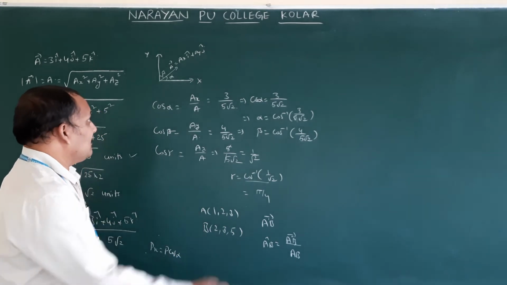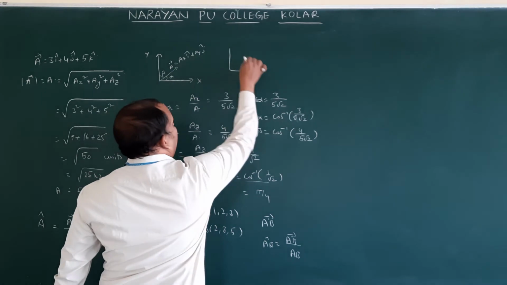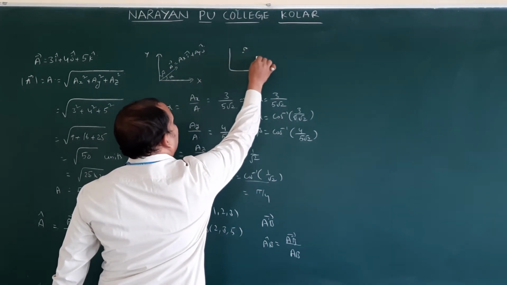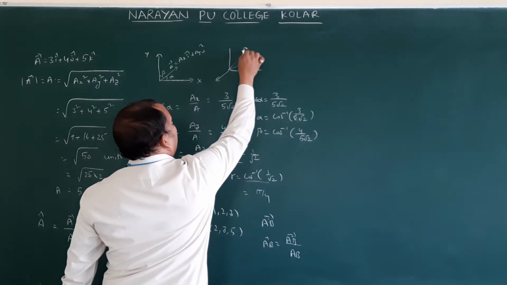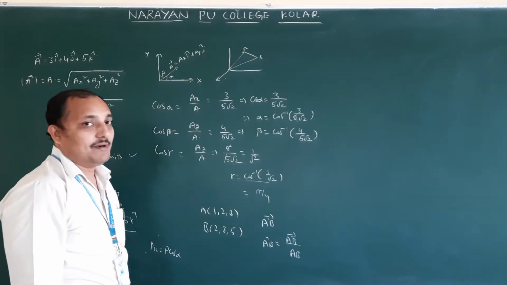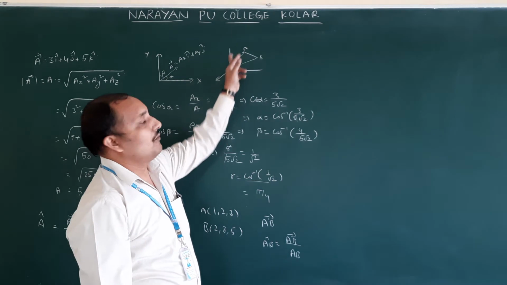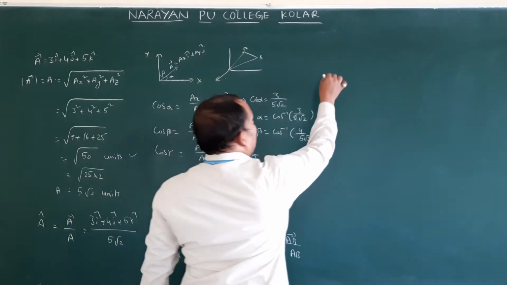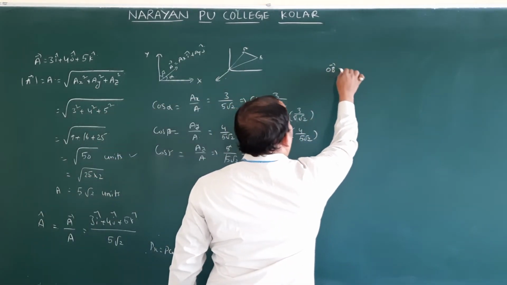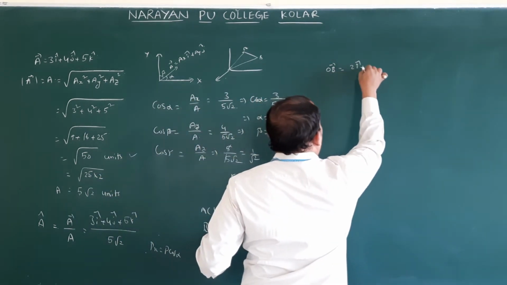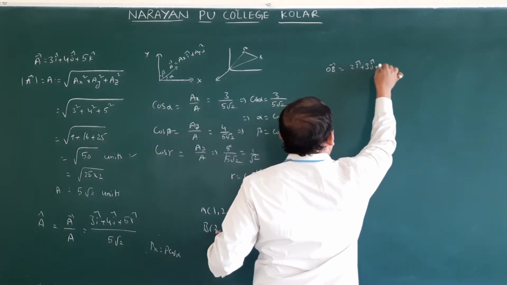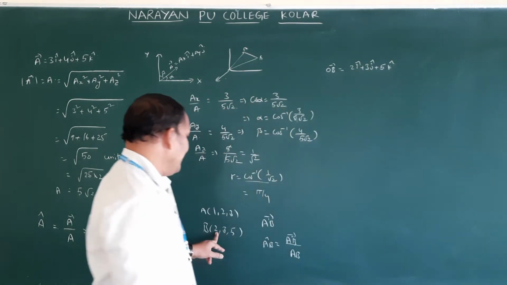This is one position A, and this is another position B in 3 dimensions. So this is AB bar, which is OB minus OA. OB bar is equal to 2I cap plus 3J cap plus 5K cap.